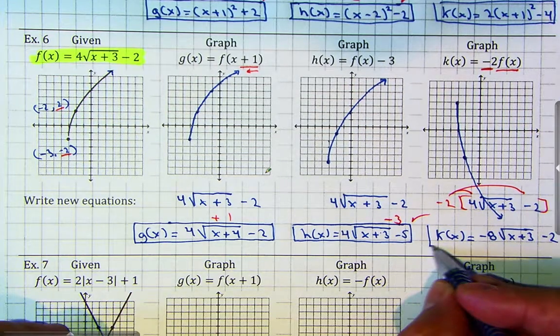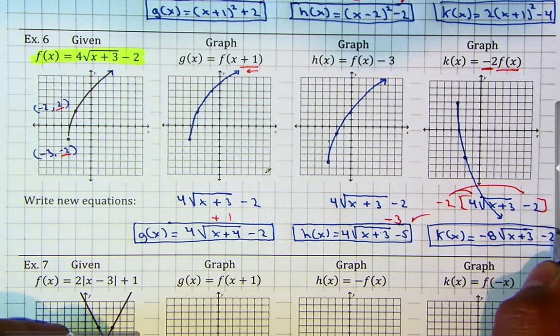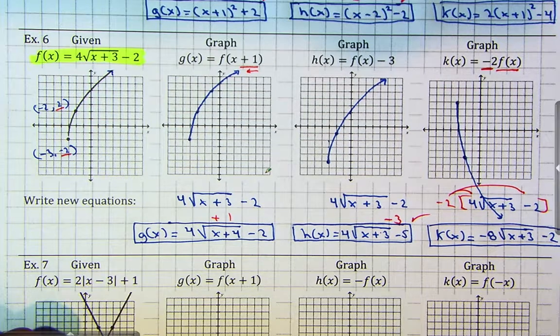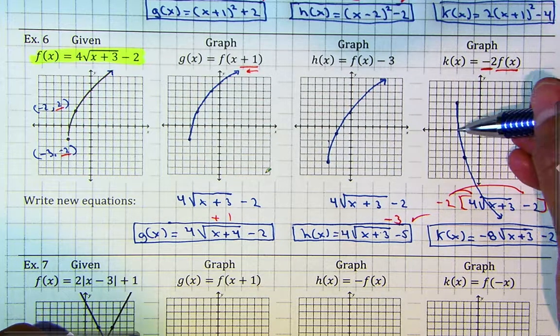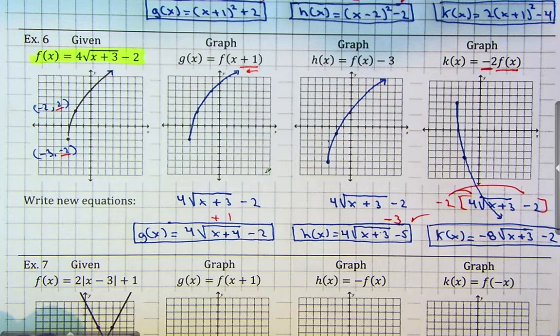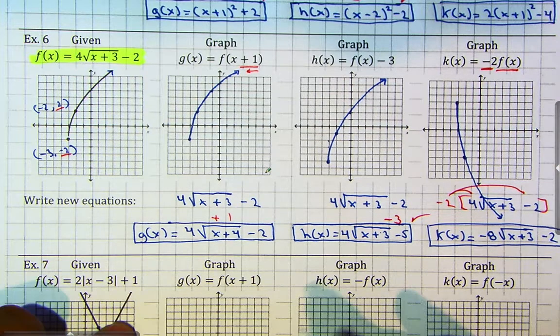And if we did it correctly, it should match. Let's see, your starting point is negative 3, negative 2. Negative 3, negative 2 doesn't match. So what happened? Correct. I did not multiply the last number.